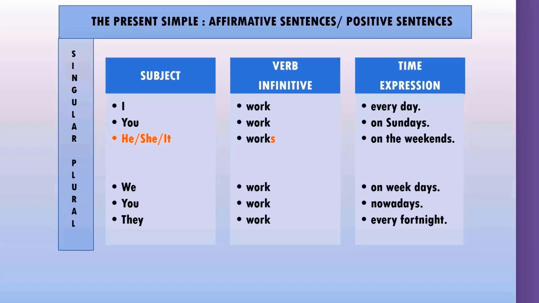Now, with a subject, we can have a noun, which could be the name of a person. For example, John. John works every day. We could have a female name.